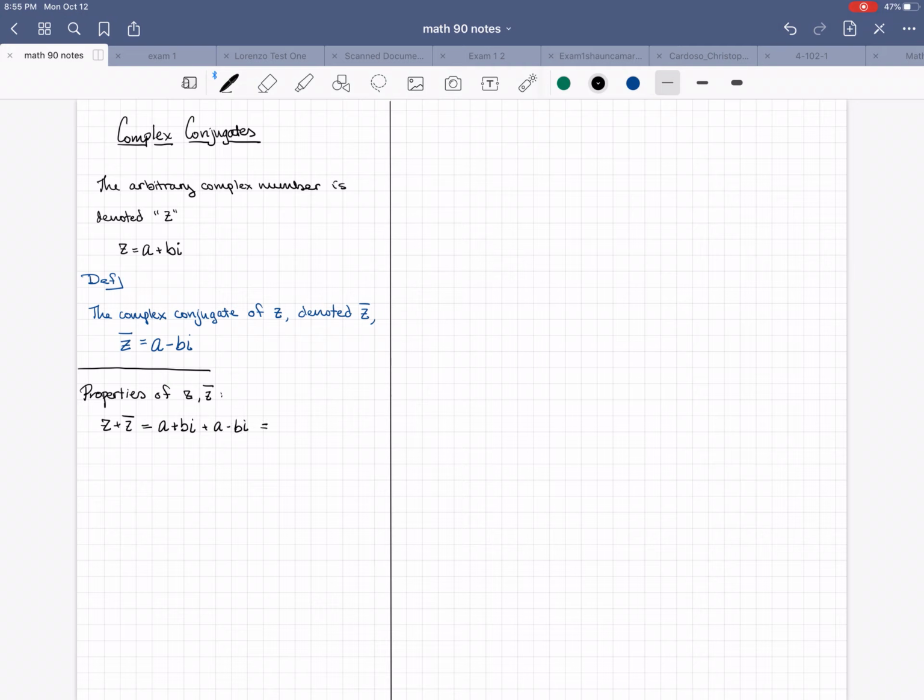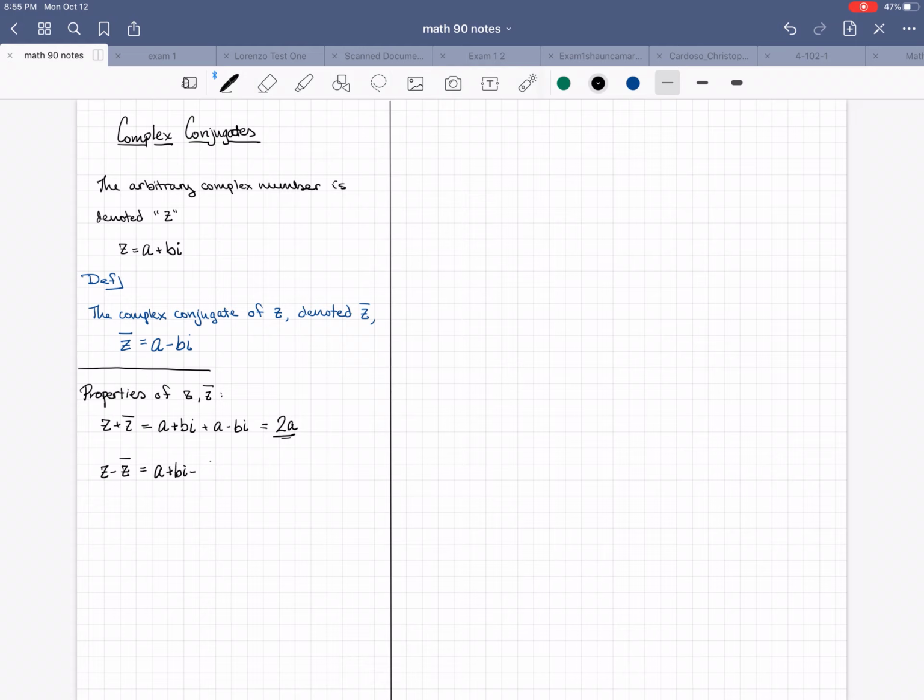And since the imaginary parts are opposites, they just cancel out. So sure enough, the sum of a number and its complex conjugate is always real.